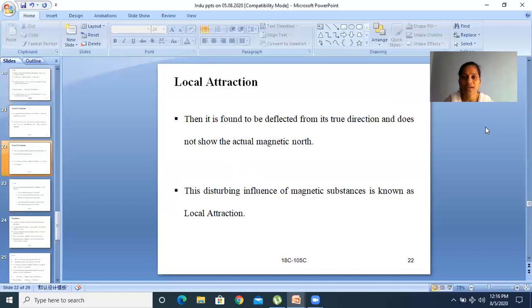It is found to be deflected from its true direction and does not show the actual magnetic north. So these disturbing influences of magnetic substances are called local attraction.